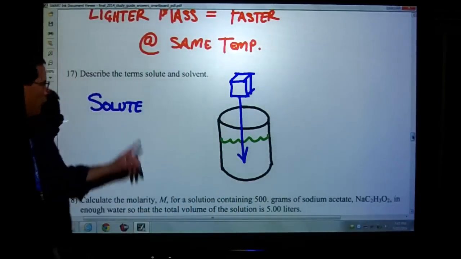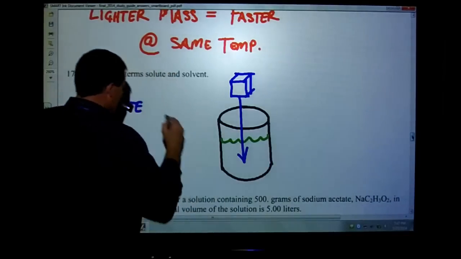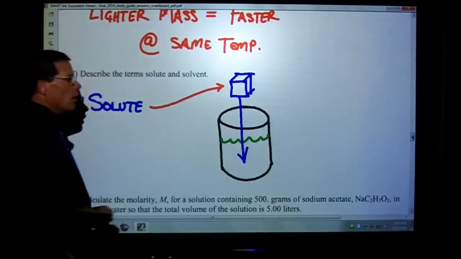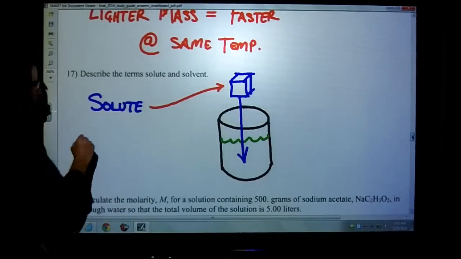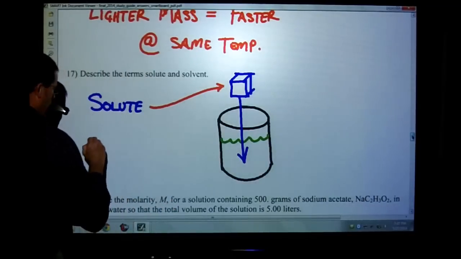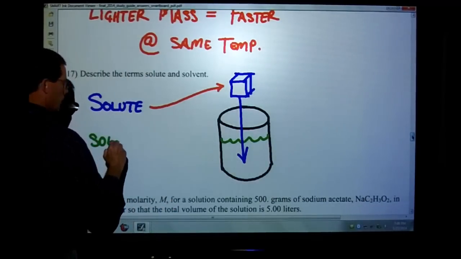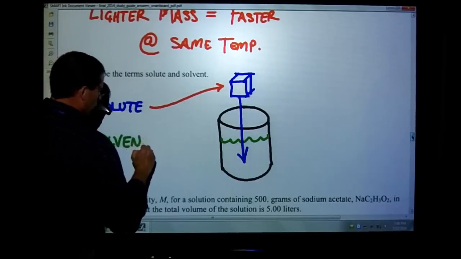So the solute is the thing that is dissolved by the solvent. So the solvent is the thing that is doing the dissolving.